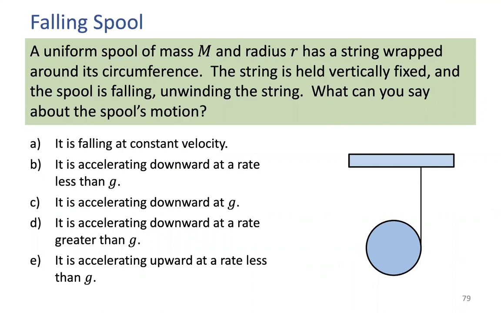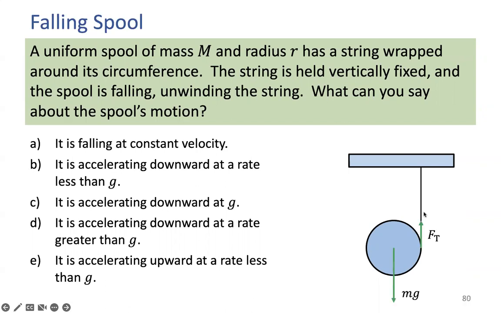This one right here is very easy, even without doing anything. I will show the math way. Even without doing any math, you can say, if something is freely falling, it should be just falling freely with the gravitational acceleration. It is accelerating downward with g, gravitational acceleration, nothing attached. The spool or anything dropped downward.